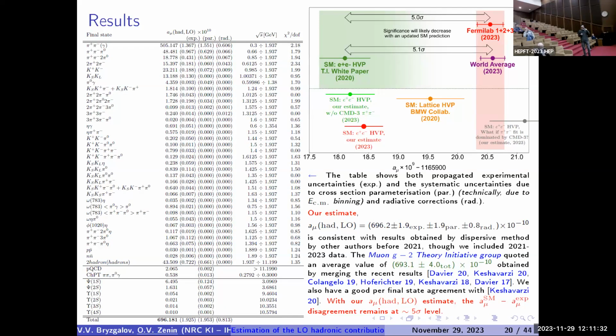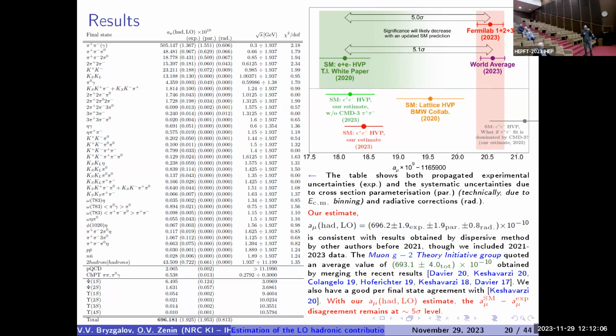The result of our exercise with the pi plus pi minus fit performed only with CMD3 data is shown here. It drives the standard model prediction of the anomalous magnetic moment, making it compatible with the experimental value. But as we have no reasons to prefer CMD3 over other experiments, don't take this too seriously.